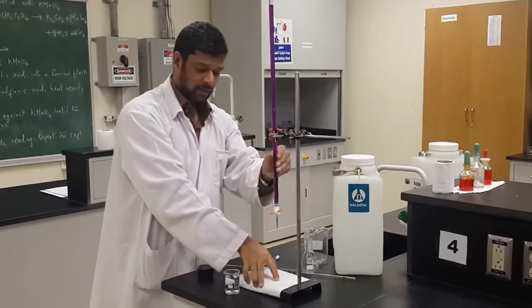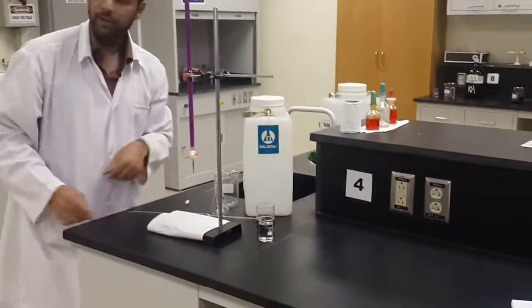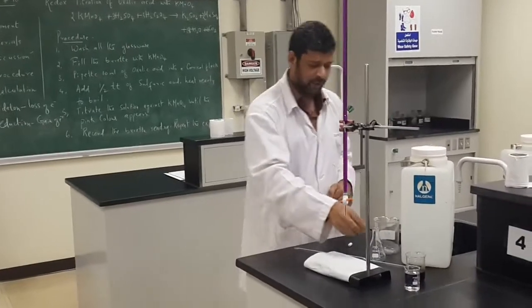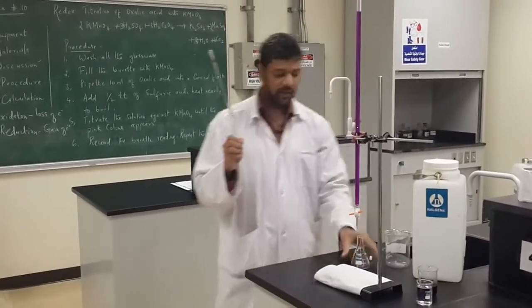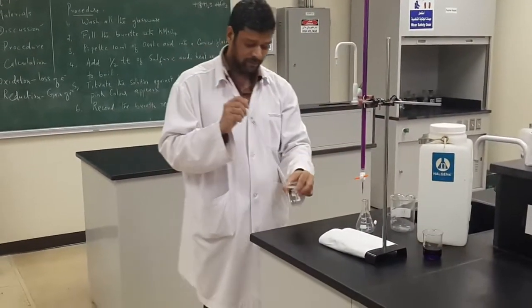See the board. There is a procedure written there. The first point, washing all the glasswares, is finished. The second point is filling the burette with potassium permanganate. And the third point is the conical flask: pipette out 10 ml of oxalic acid. Now I am doing this.